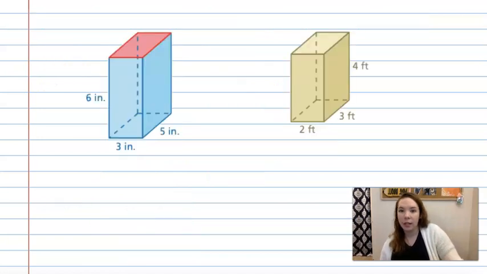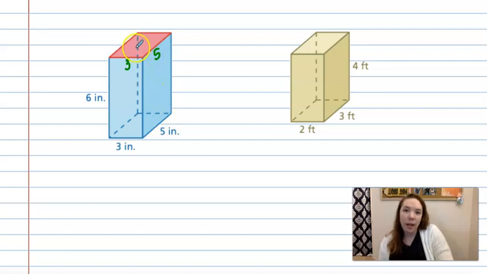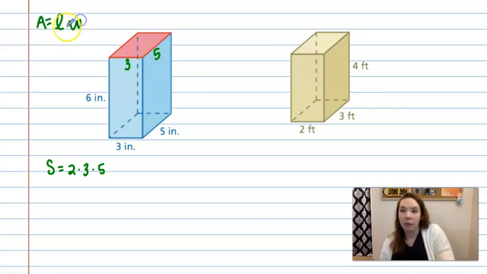So if we take a look at some examples here, I know if I go straight up, this would also be a 3, and straight up, this would also be a 5. So I know I have two of these. I'd have the top piece and the bottom piece. So I would have 2 of 3 times 5s, because area of a rectangle is just length times width.